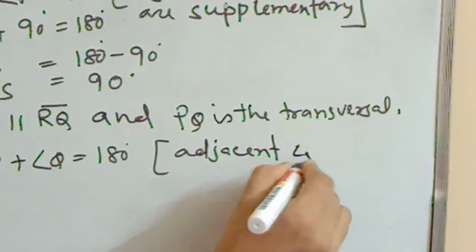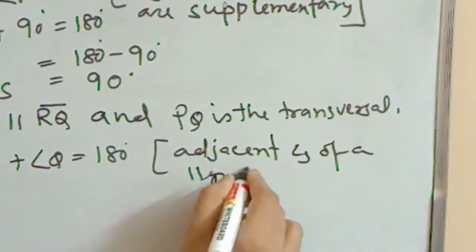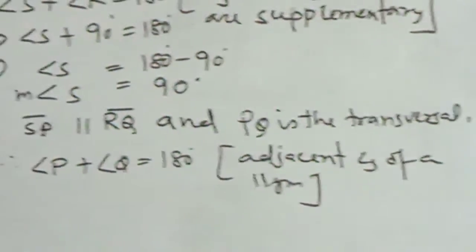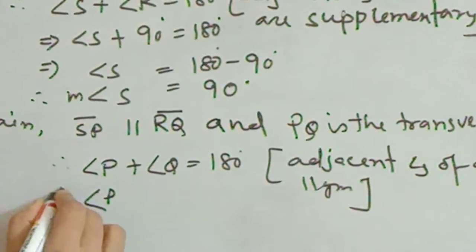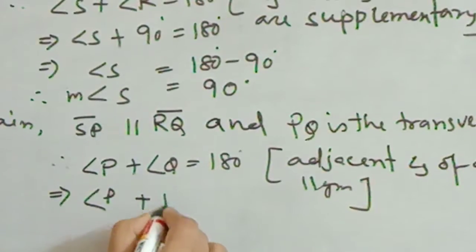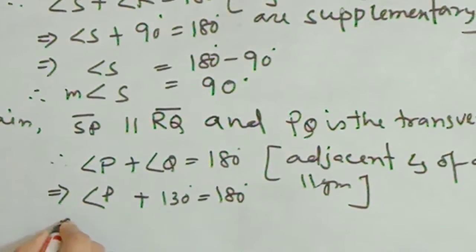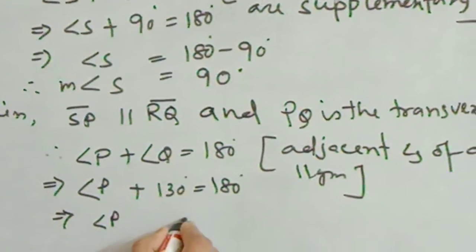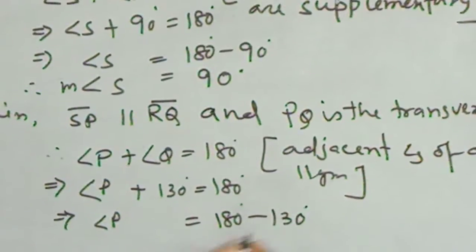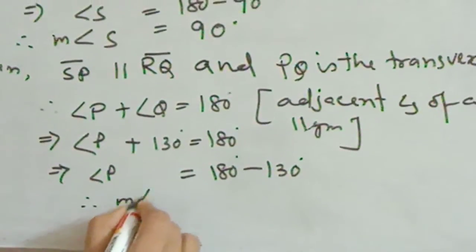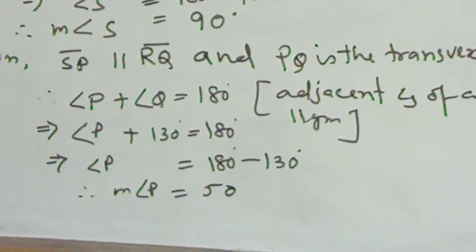Adjacent angles of a parallelogram are supplementary, you know. So the measurement of angle P you don't know, you have to find out. But angle Q is given as 130 degrees.